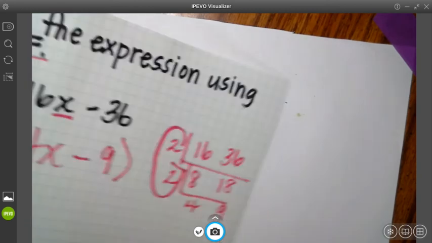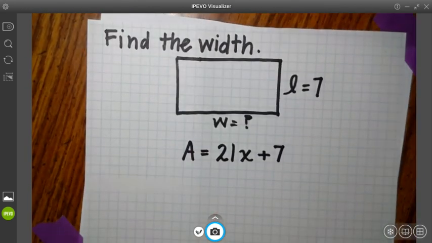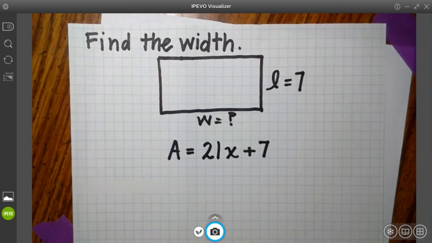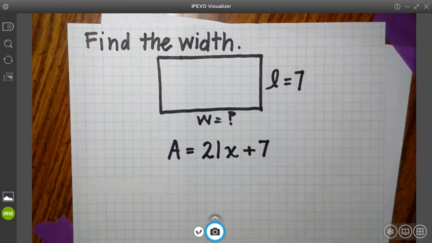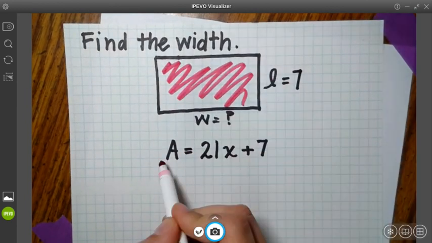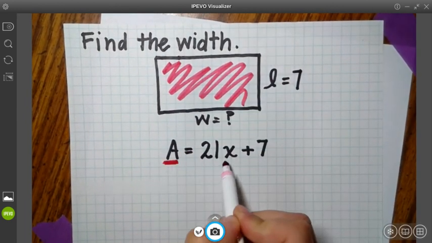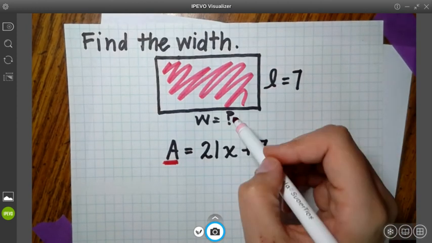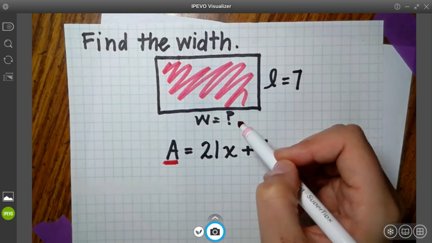Now they might apply this to a word problem, or a real life situation. If you were given that the area, so all of this inside, is 21x plus 7 and you're given the length, what is the width going to be?